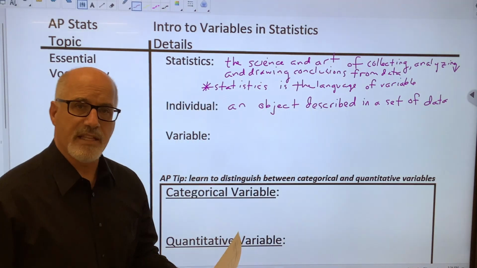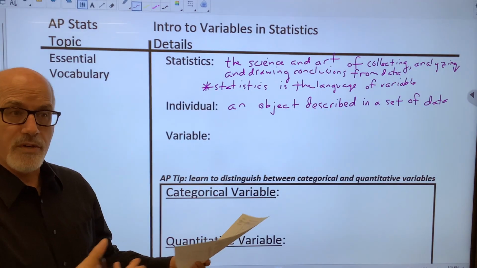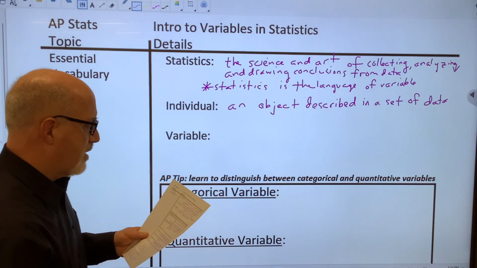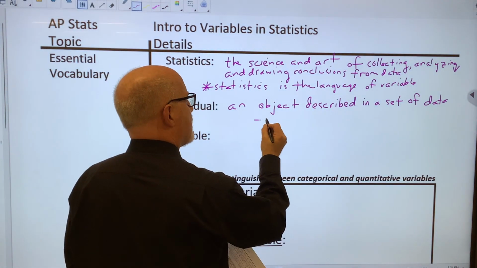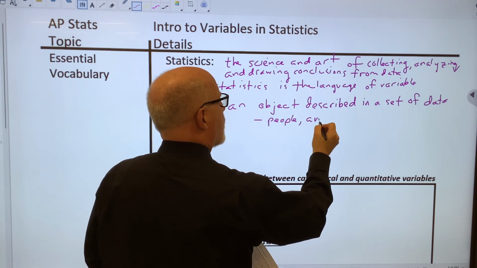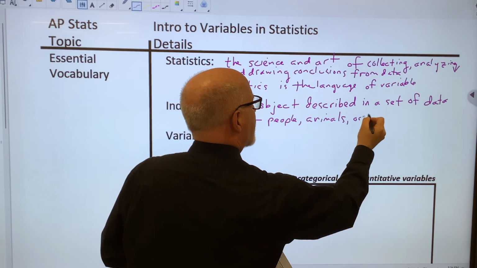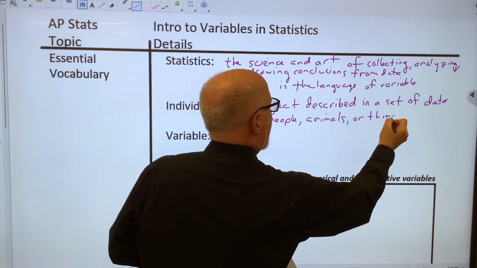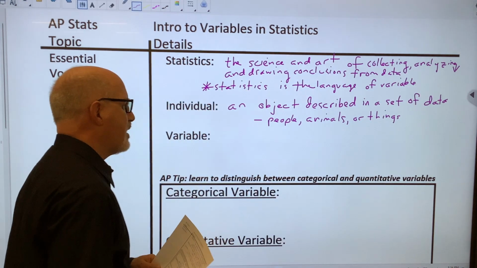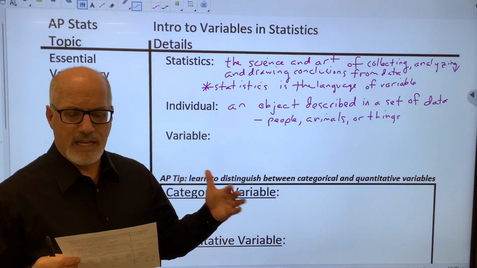Sometimes we'll collect data and the individual might refer to a type of car or different brands of cars. Okay, so usually this would mean it's people, could be animals, or it could be just things, like cars or whatever.